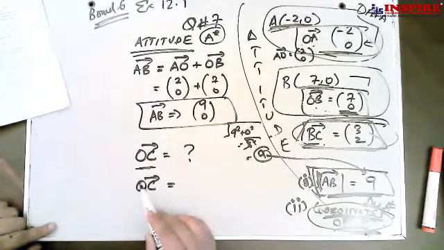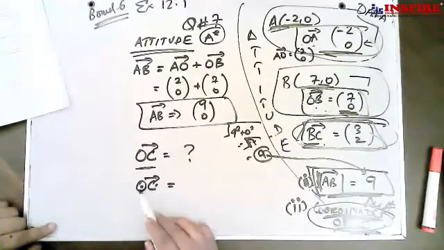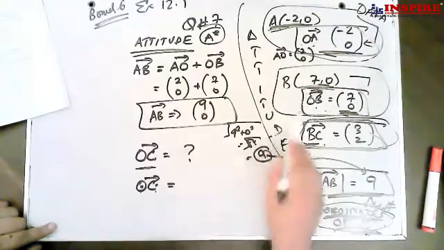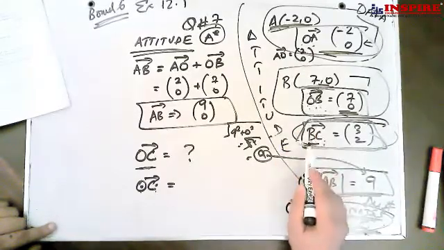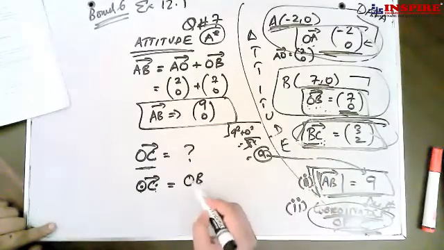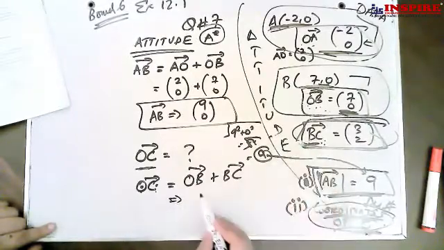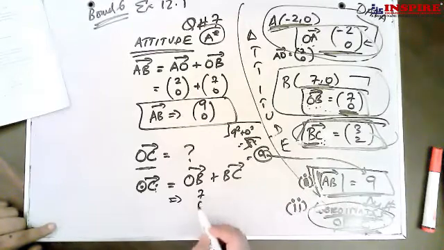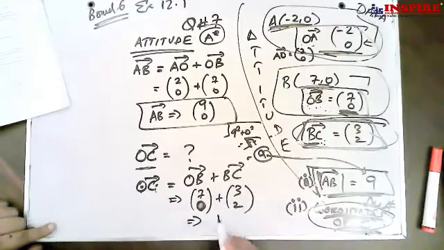I'm standing at O. I want to go to C. I go from O to B, B to C. Doesn't it sound nice? OB plus BC. What is OB? What's BC? 3 and 2.